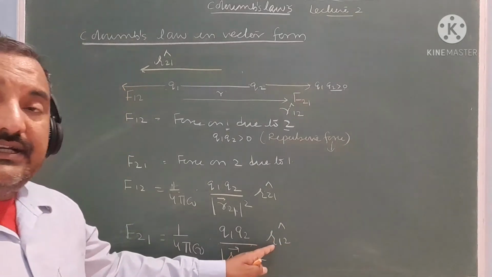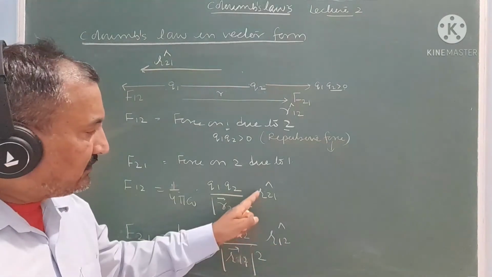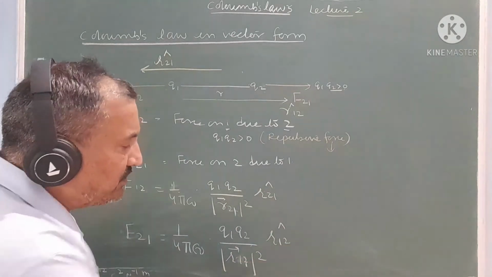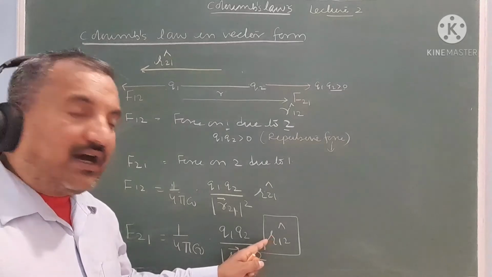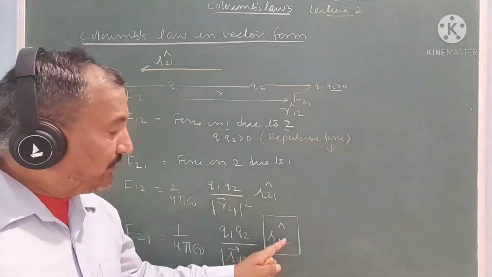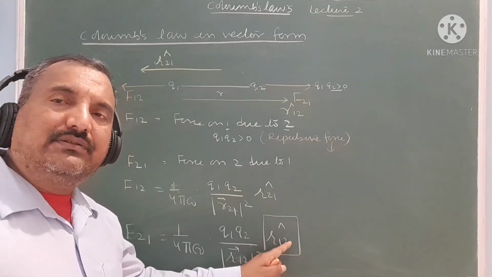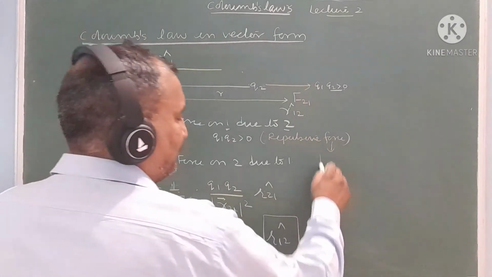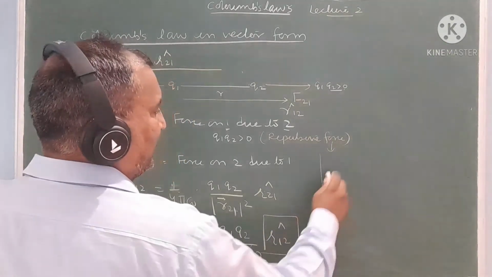Now we have studied how to make a negative vector of this. This is direction R21 and this is R12. If suppose I change this, I write R21 in place of R12, then I have to change the sign. So I will do this. Look carefully, because I am changing the sign.